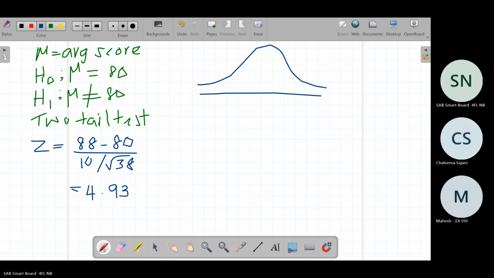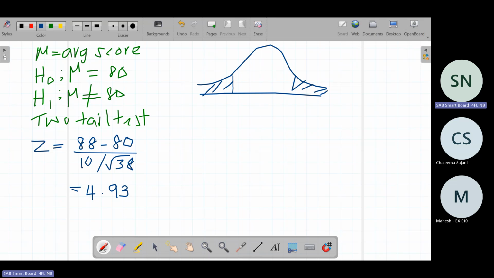Now, where is the rejection region? This is the two-tail test. Two-tail means both sides are rejection regions. The previous one was a one-tail test.